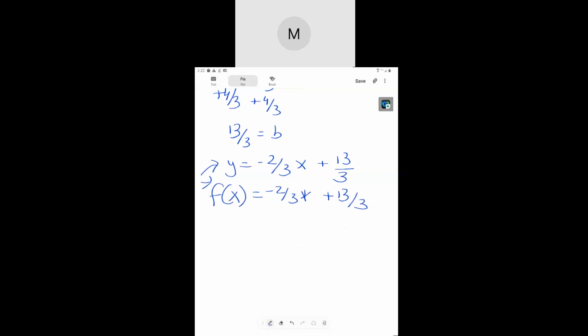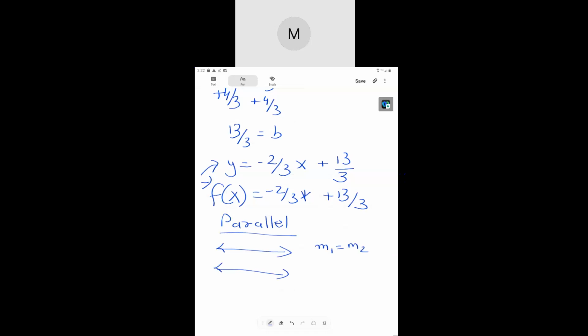All right, so with that said, let's talk a little bit about parallel lines. Parallel lines never intersect each other, and the main point here is that they have the same slopes: m1 is equal to m2.